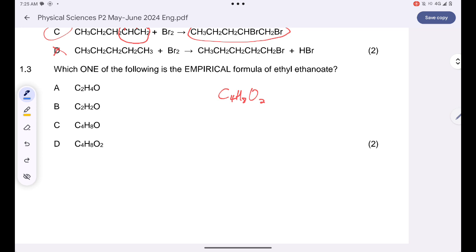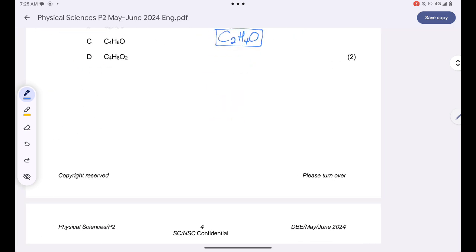So my empirical formula will simply be C2: 2 is half of 4, H4: 4 is half of 8, and O1. There's no need to write 1, but I know that 1 is half of 2. So this is my empirical formula for ethyl ethanoate, and A is my correct option.